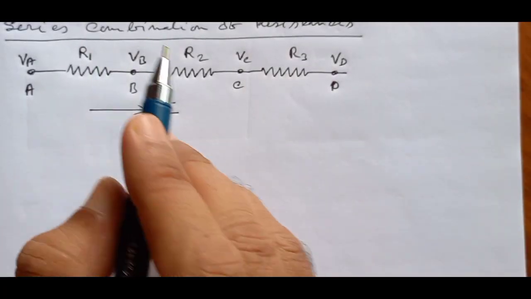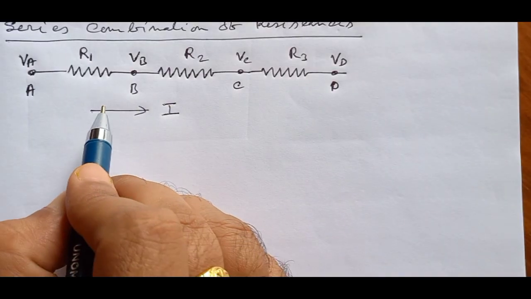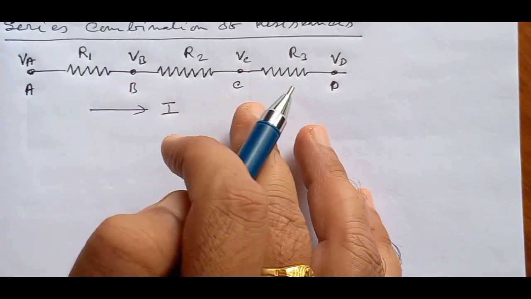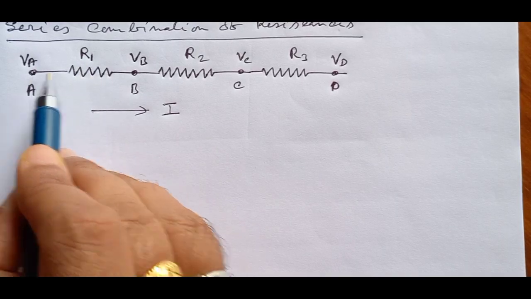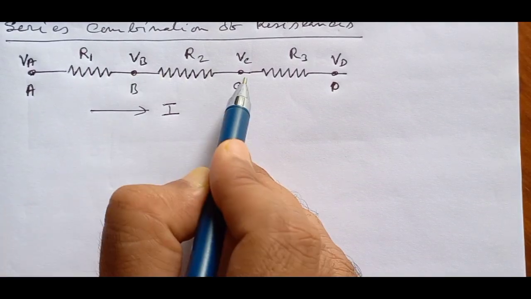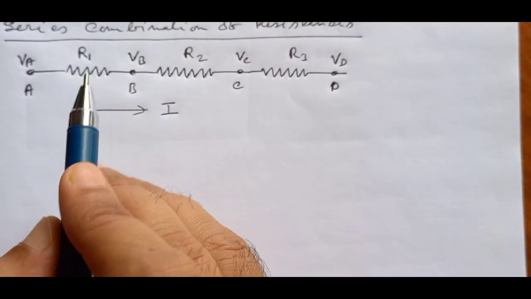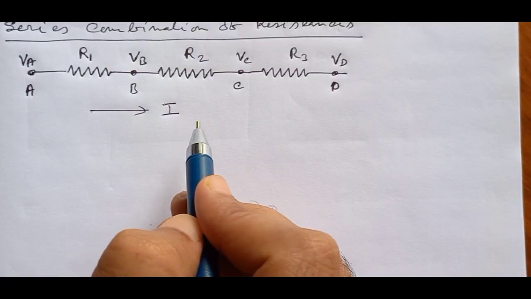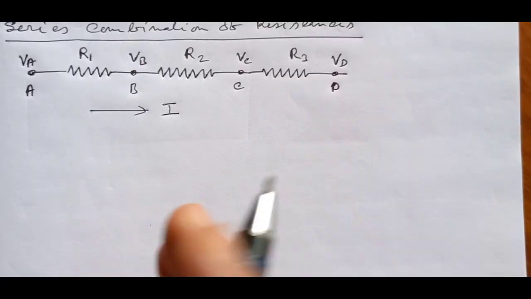Here the current through all the resistances in series combination is the same, but the potential difference may be different. Here the potential difference of R1 is VA minus VB, R2 is VB minus VC, R3 is VC minus VD. So in series combination the potential difference may be different for every resistance, but the current of each resistance is the same.